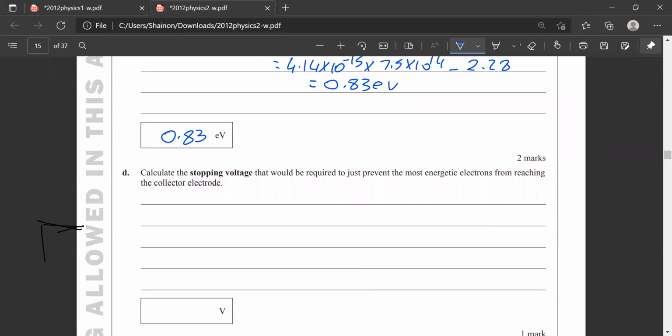The stopping voltage equals the EK max. So therefore V0 equals 0.83 eV.